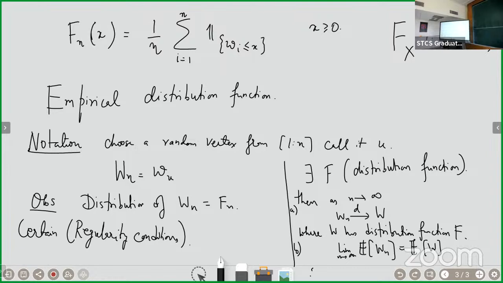So I'm trying to aim to get my wi in such a way that fn converges to a particular f, where f is given to me. So now is there a generic way of creating wi's such that all of it makes sense? If I give you f, you should be able to write wi in terms of fn.